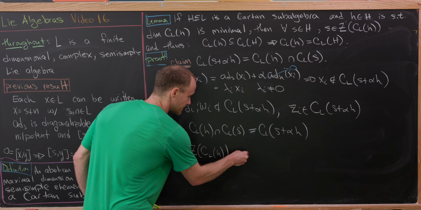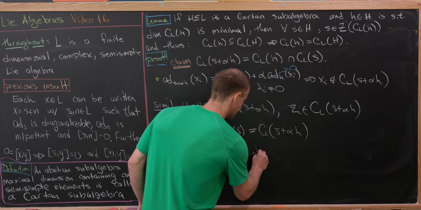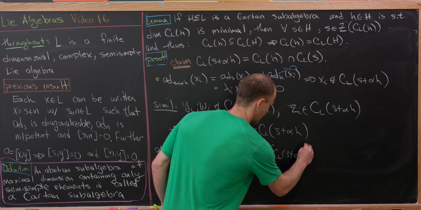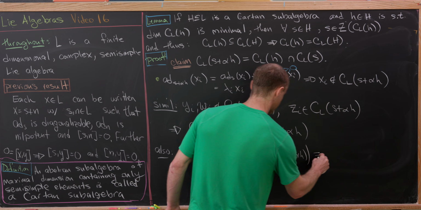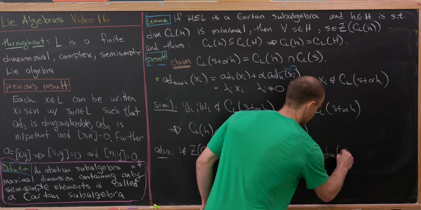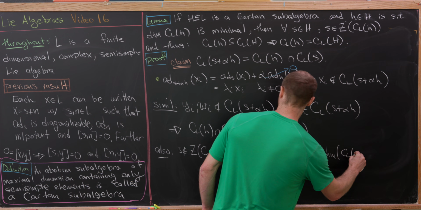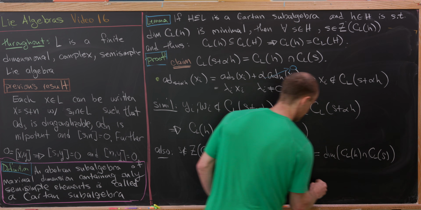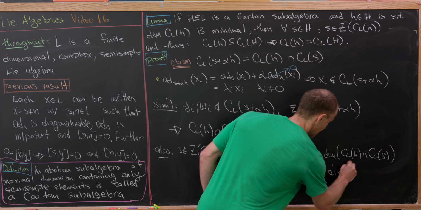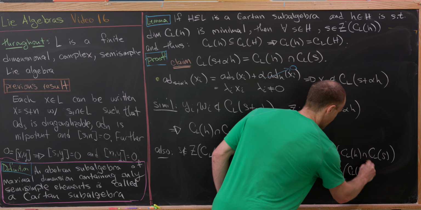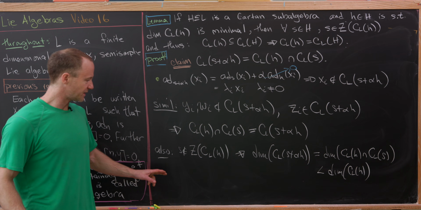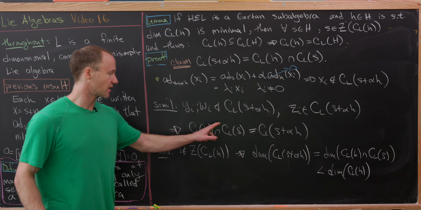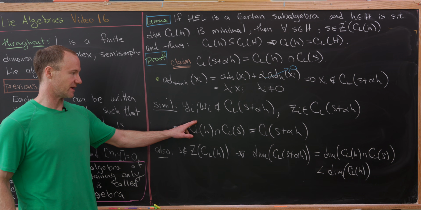But that tells us that the dimension of the CL of S plus alpha H, which is equal to the dimension of CL of H intersected with CL of S, is strictly less than the dimension of CL of H. That's because this element S is inside of here, but it's not inside of here.